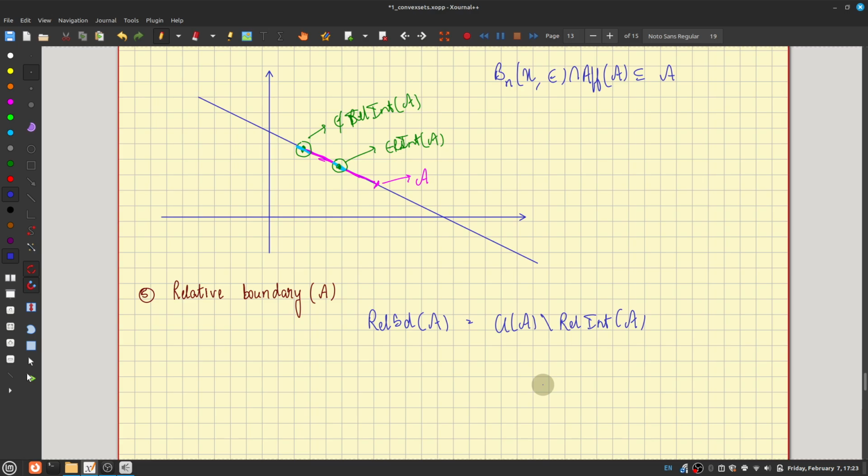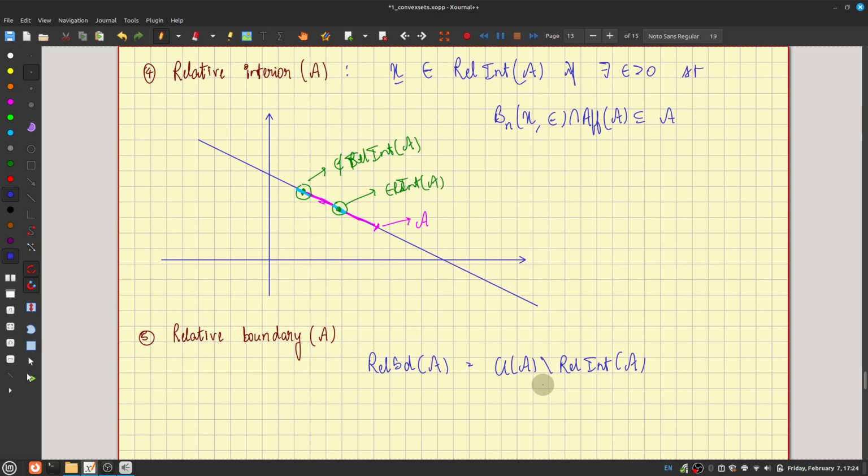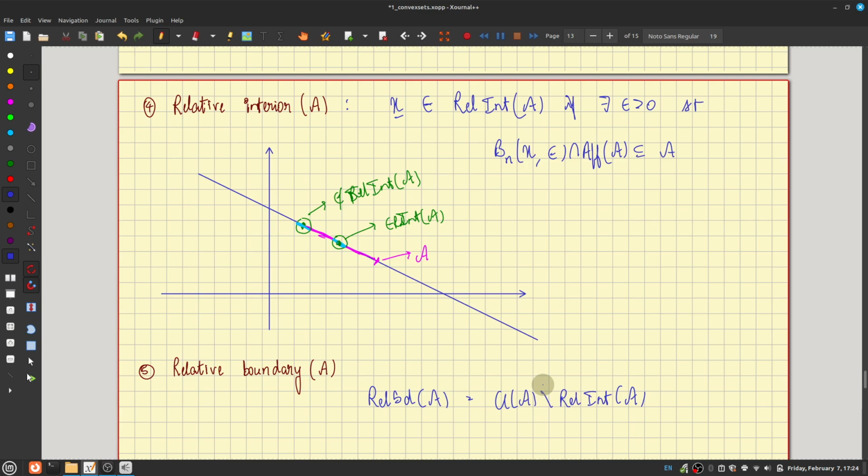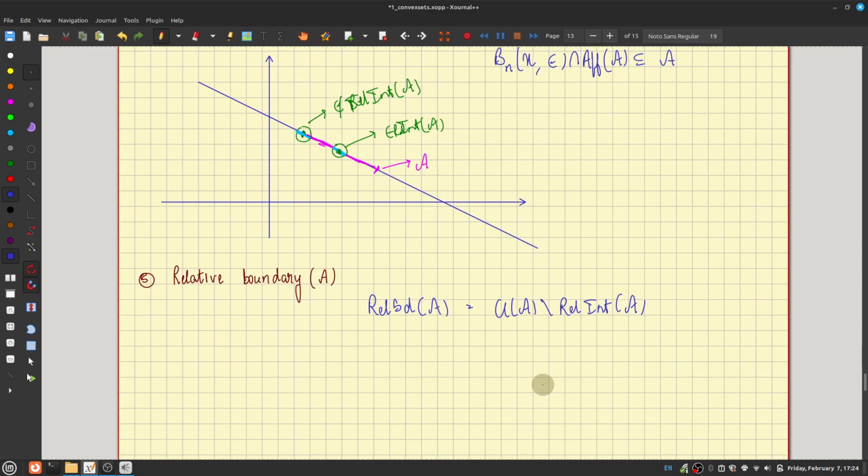Why not just define that to be closure of A minus relative interior of A? Let me think. So closure. Yeah, so effectively that would be the same.